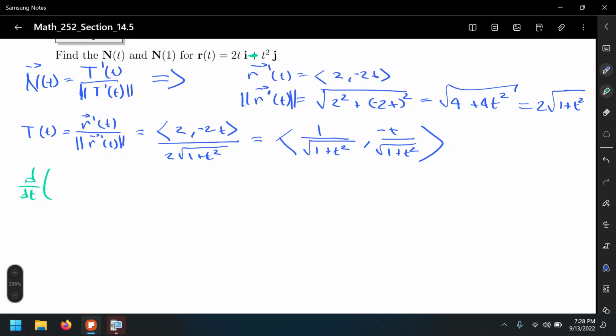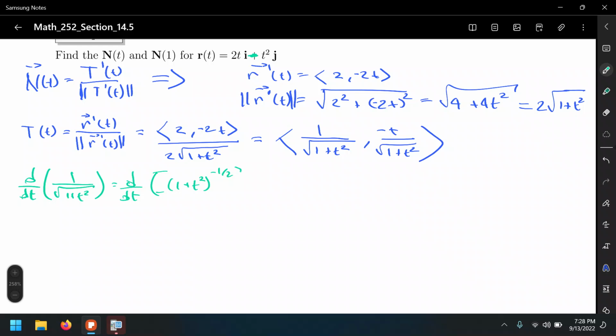All right. So the derivative of 1 over the square root of 1 plus t squared. That's the same as saying the derivative of, because we cannot differentiate it just how it is, 1 plus t squared to the negative 1/2. All right.